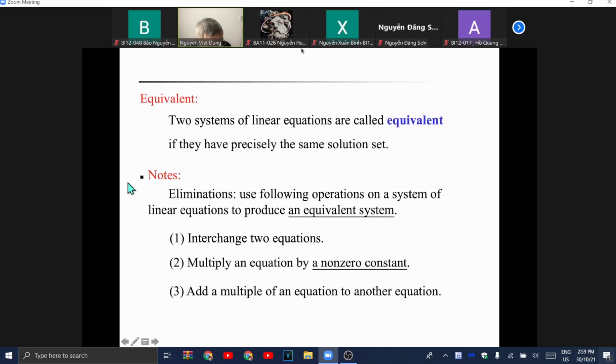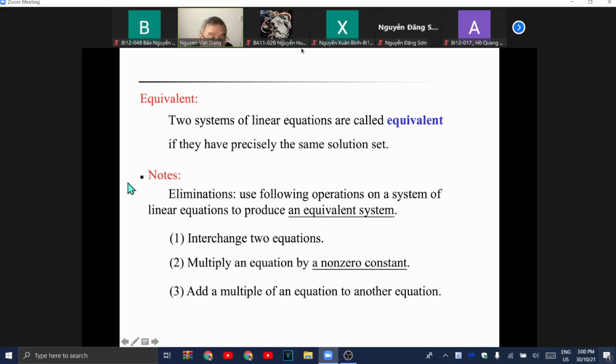As we know from high school and here also, usually given a system of linear equations, you are required to solve it, which means we need to find the solution, and here we call it the solution set. In order to do that, usually in high school, we transform it into a new system of linear equations which is easier to solve.